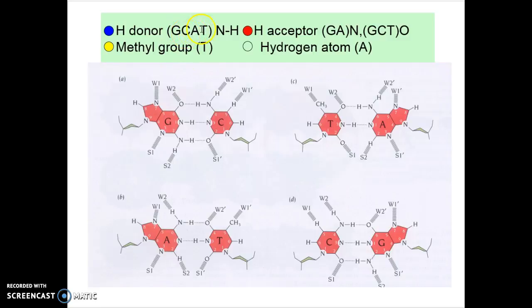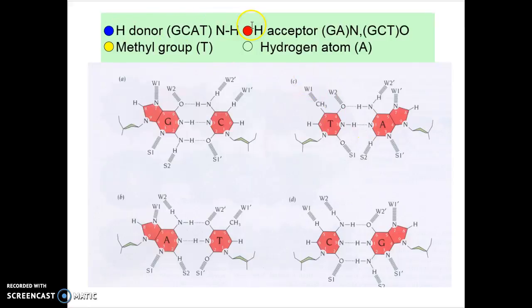G, C, and A have a hydrogen donor NH, G and A have N, and G, C, and T have O, which could function as hydrogen acceptors. In addition, T has a methyl group, as you see here, and A has a hydrogen. So this methyl and hydrogen also provide binding sites for protein side chains.